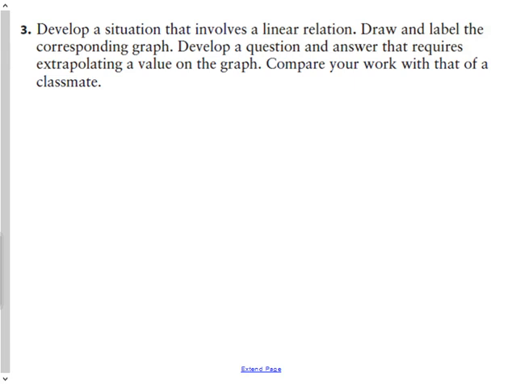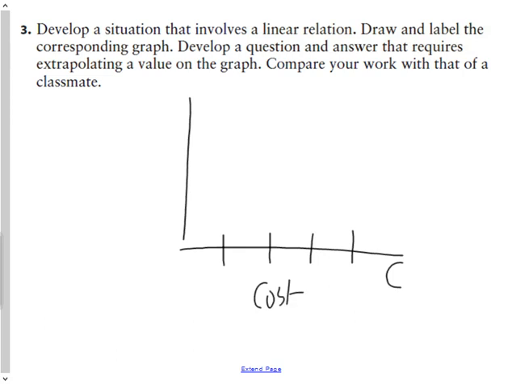In the third question, it says develop a situation that involves a linear relation. Now, since all of ours are different, I'm just going to make up one. So if I was to put down C for cost in dollars, $1, $2, $3, $4, and then I was to say 3, 6, 9, and 12, and we'll call these apples.